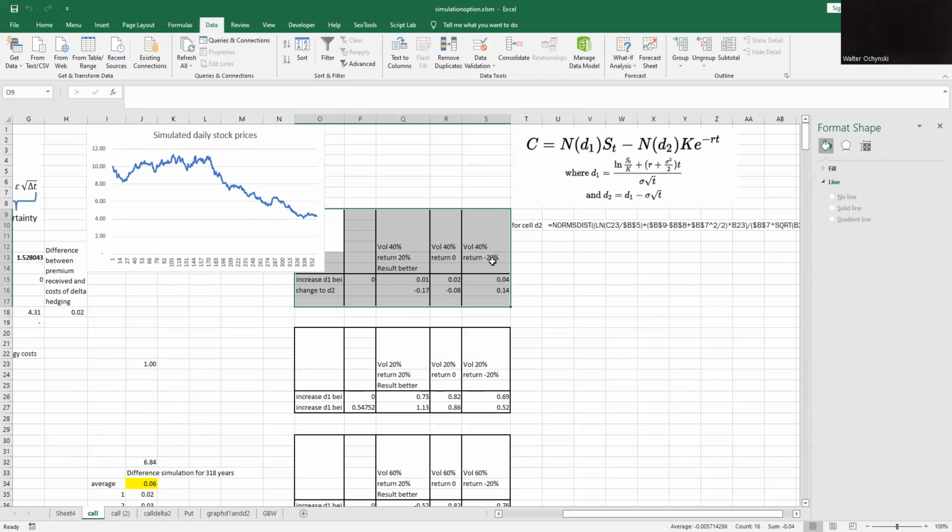And if we reduce the return to -20%, the results are better by 4 cents.